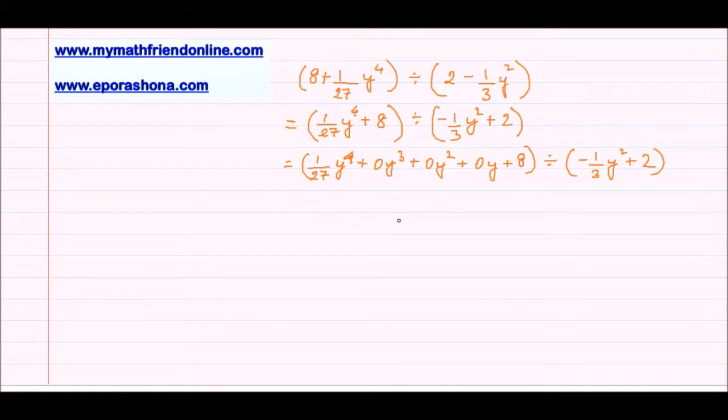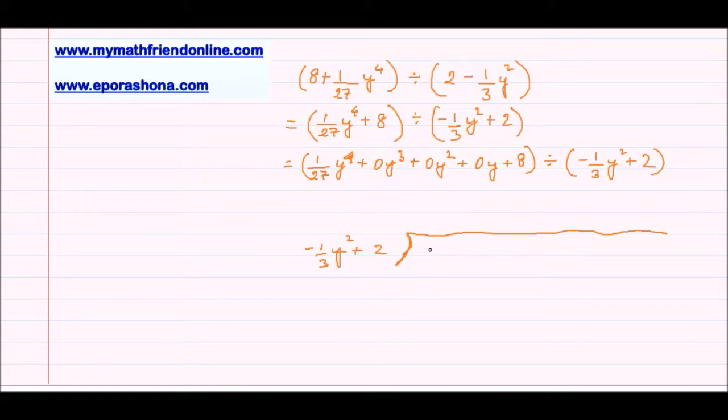And the last sentence of step 2 says that we have to arrange the dividend and the divisor with the long division symbol. So the divisor comes outside the long division symbol. We have minus 1 by 3 into y square plus 2.